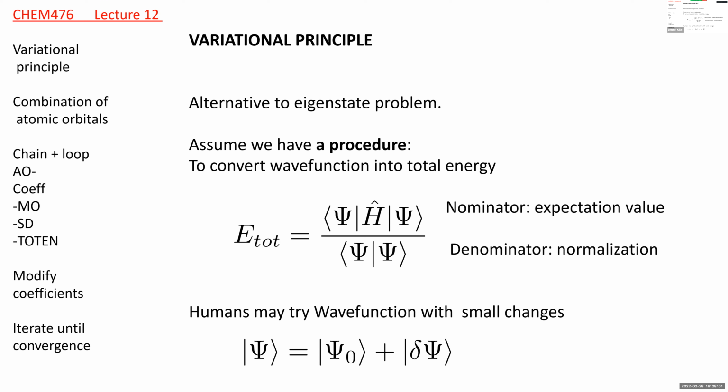So here is the main philosophical part of this variational theorem. Suppose we do know the absolutely correct wave function for many electrons, the absolutely correct electronic ground state, and we will call it psi naught. Suppose it is known.